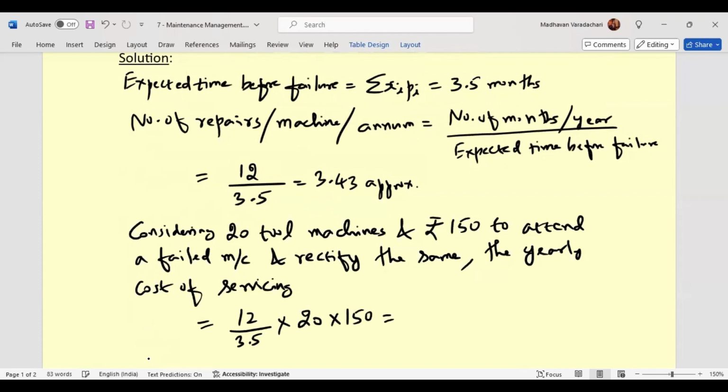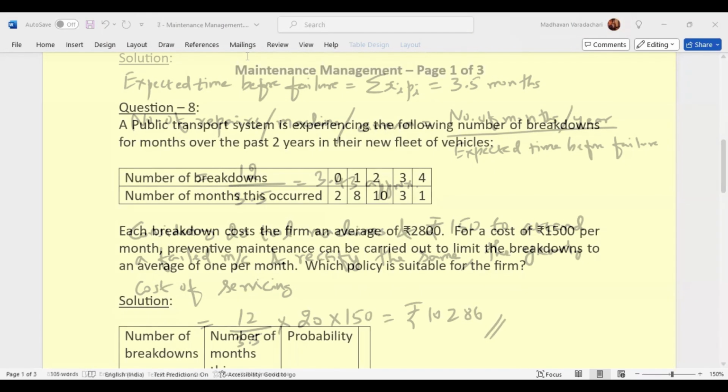So if you calculate, you will get 12 into 20 into 150 divided by 3.5. You get 10,286 approx. So that is the solution for this particular question.